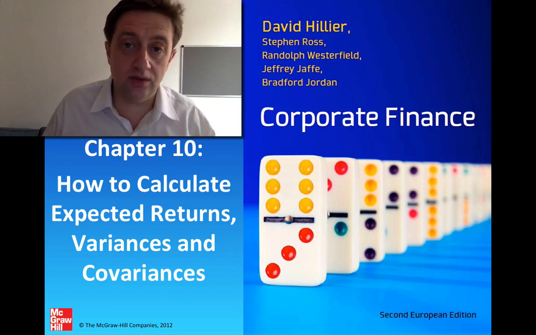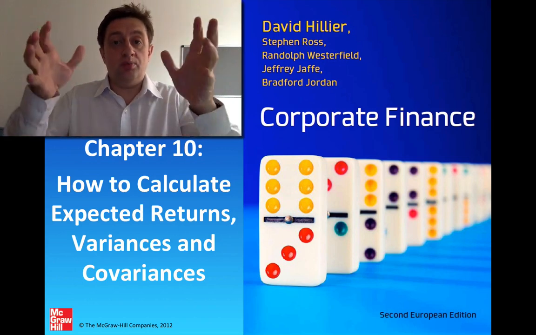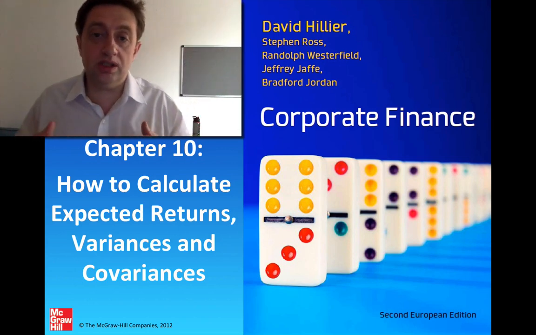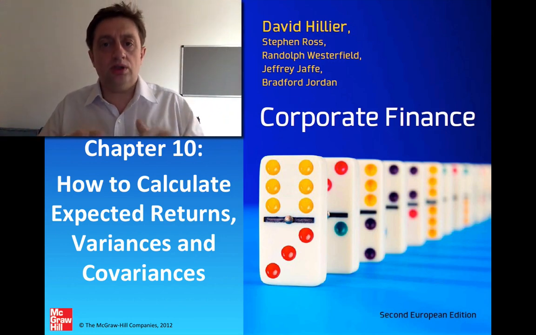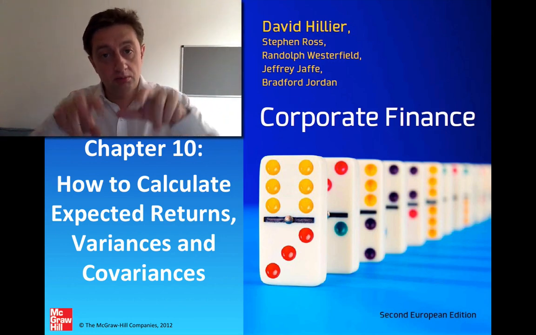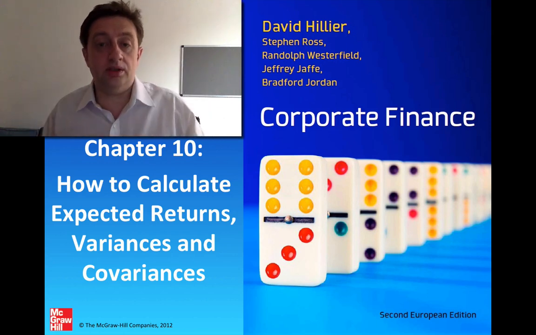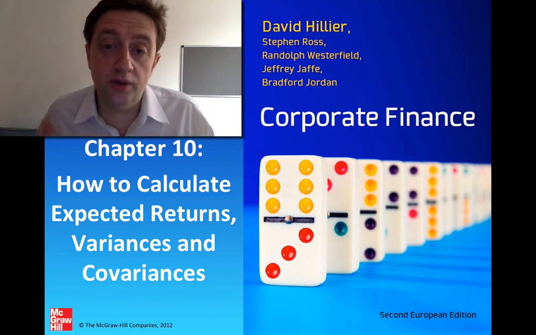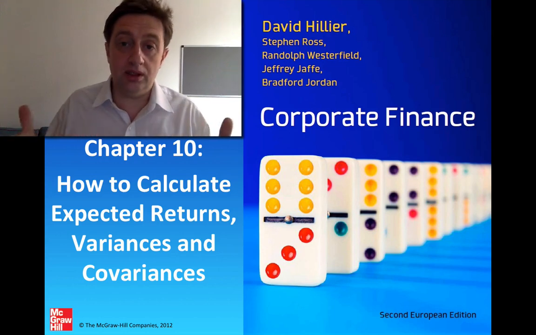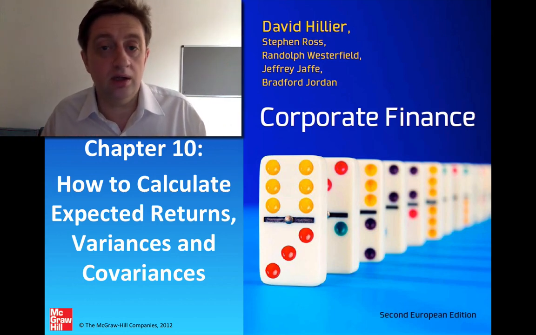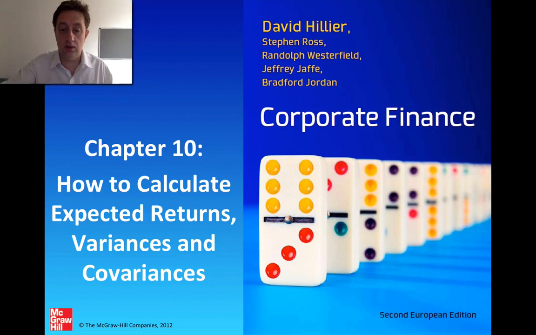If you're in the financial services sector, the stocks tend to go up at the same time, go down at the same time. So we see an industry component there. And the way in which companies move up and down together, or maybe move in opposite directions, is known as their covariance or their correlation. And in this video, I'll be showing you how to calculate the correlation and the covariance.